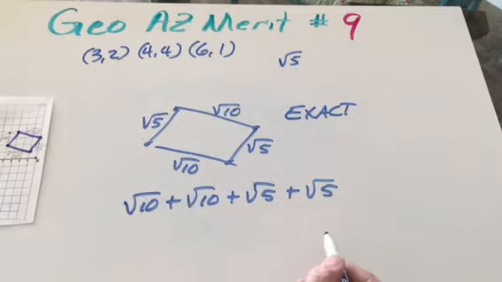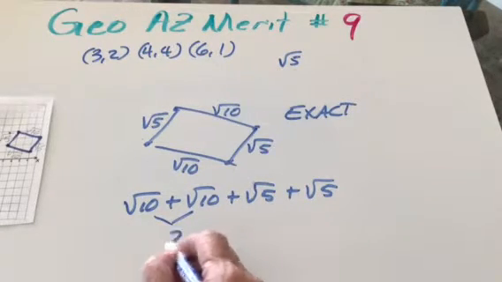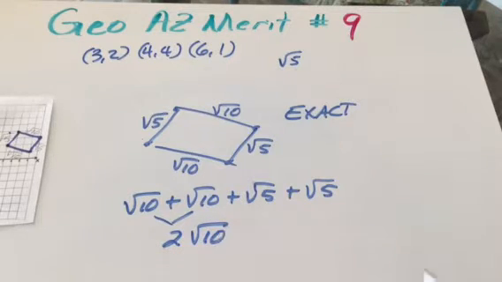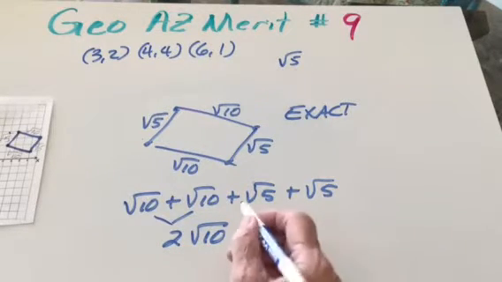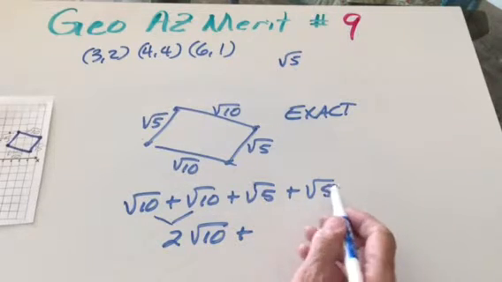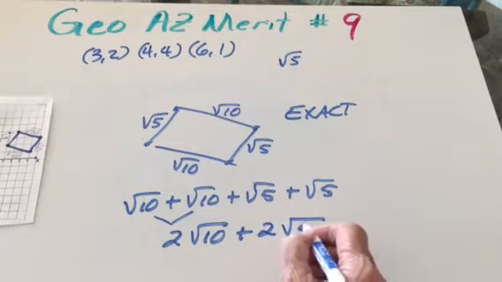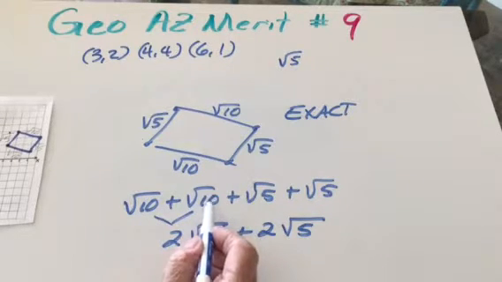How can you simplify that? Look, there's 2 of these guys, 2 of those guys. See that? Plus, how many of these guys are there? There's 2 of those guys. Remember, guys, you can't say that's radical 20.